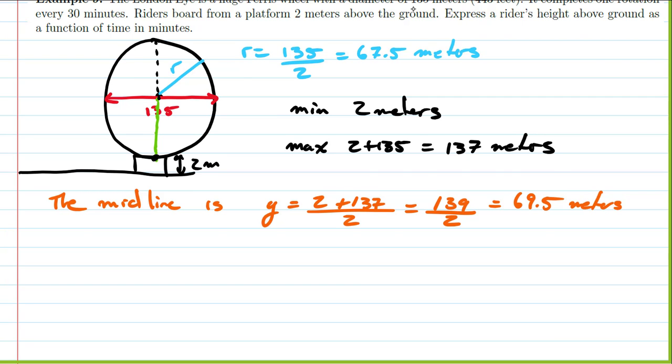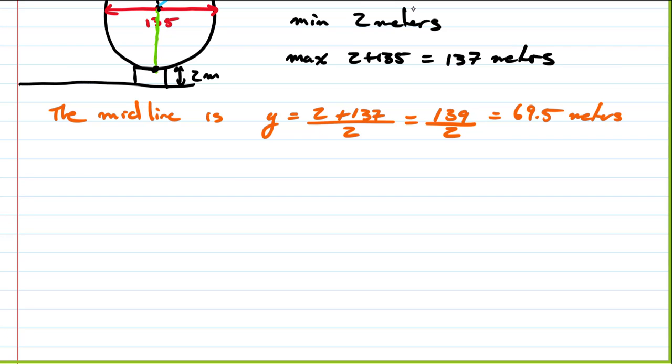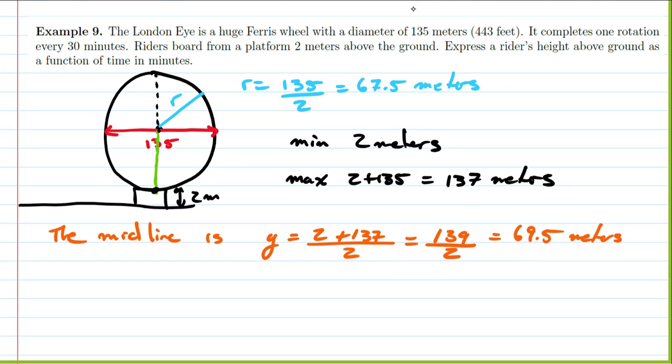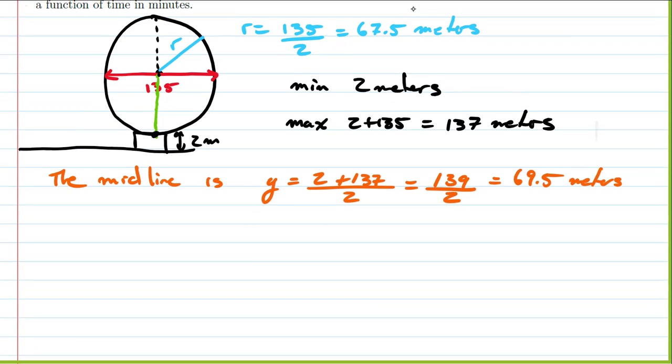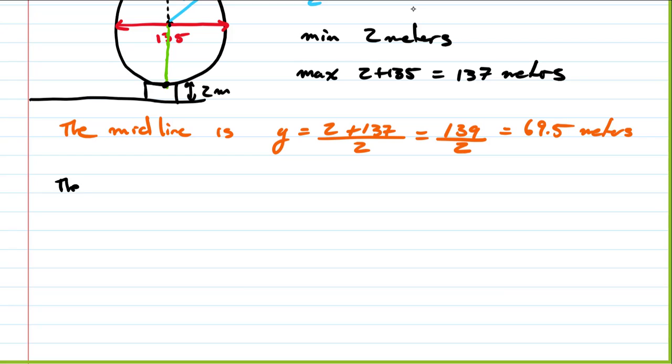So the next thing we know is the period. So how long does it take for this Ferris wheel to go around one rotation? 30 minutes, right? So the period is 30 minutes.